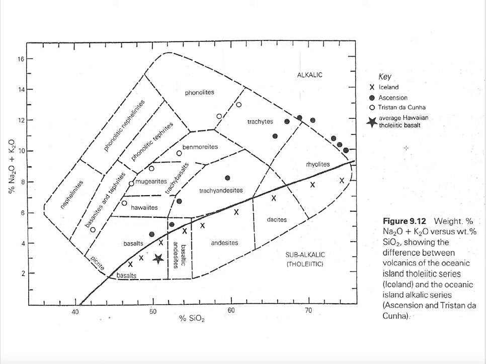In circles we have Tristan da Cunha, with basanites and tephrites, phonolitic tephrites, phonolites and trachytes. And the star is the average of the tholeiitic basalts from Hawaii. Beneath this black line, we have the subalkalic tholeiitic trend, and above we have the alkalic trend. If you follow the alkalic trend, of course, we have more sodium and potassium inside, therefore alkalic.